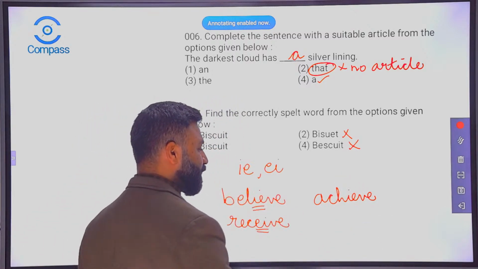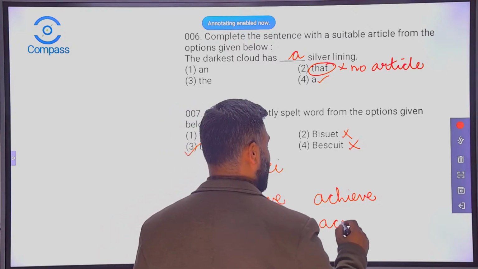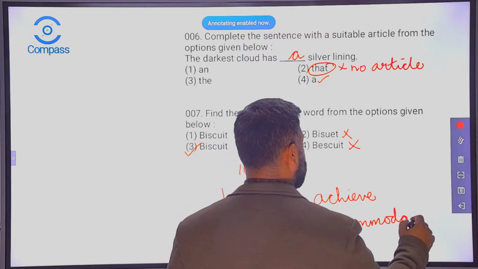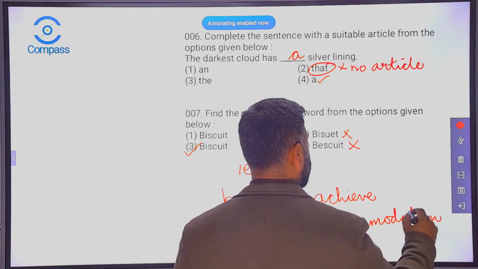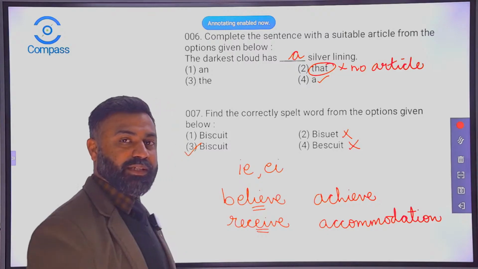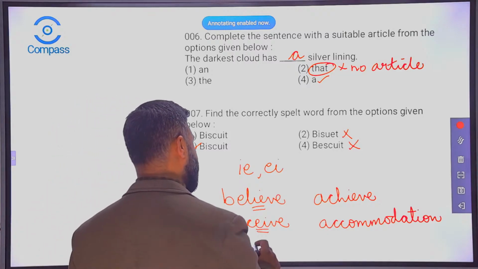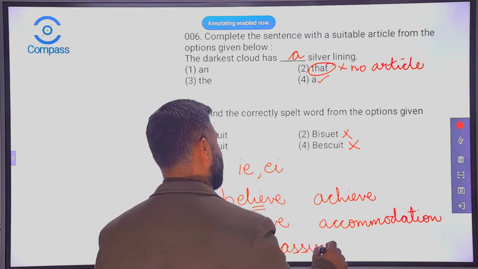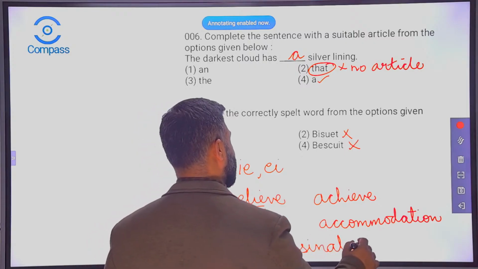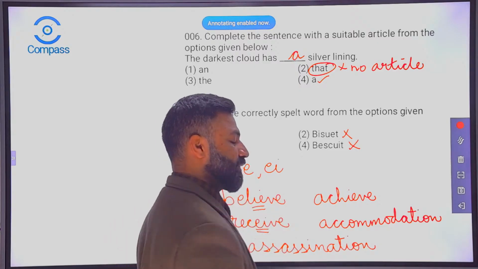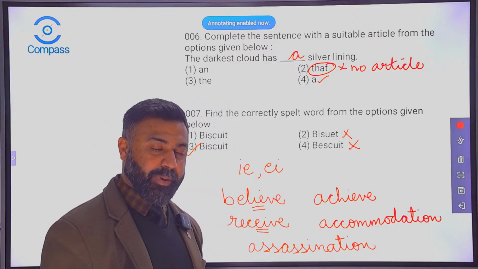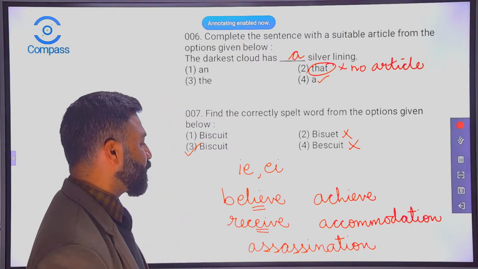And then a word like accommodation, which is very confusing among children, isn't it? And then we have some words like assassination, right? Children get confused. So you should be well prepared, well versed in spellings as well.